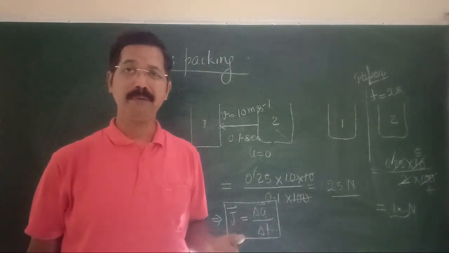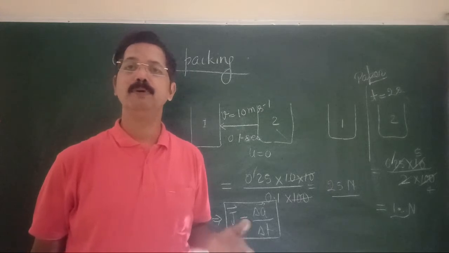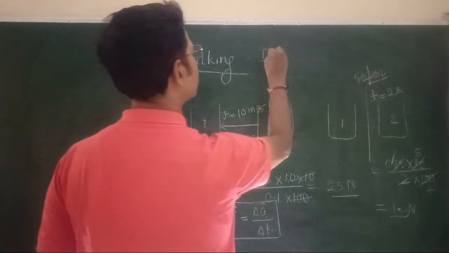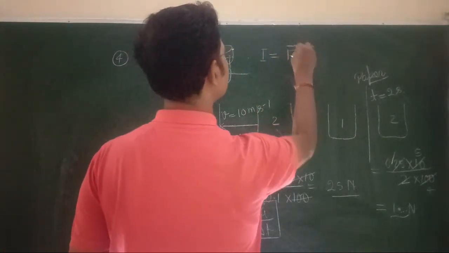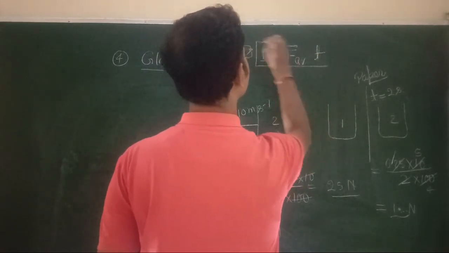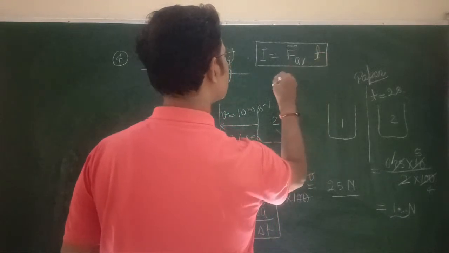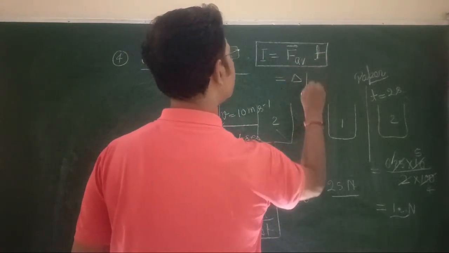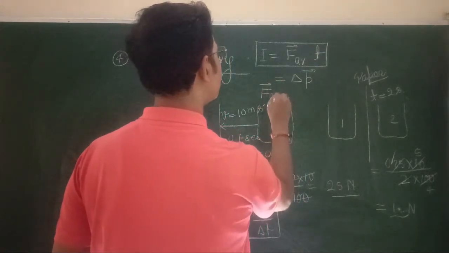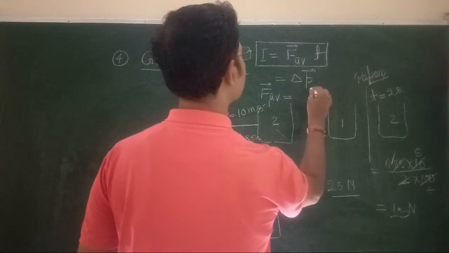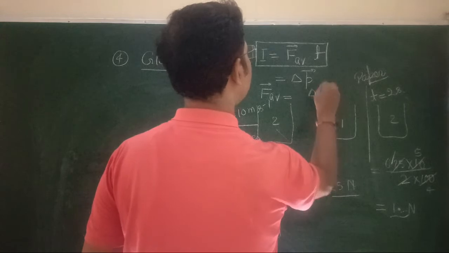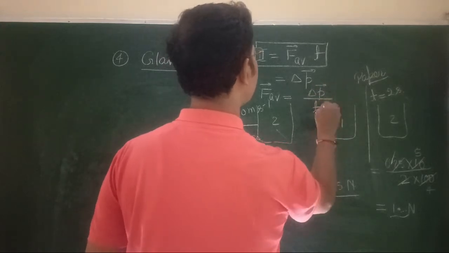So impulse is what? Force into time. Impulse is average force into time. This is impulse, you know. And impulse is also the change in momentum. Average force is delta P upon t, time taken.